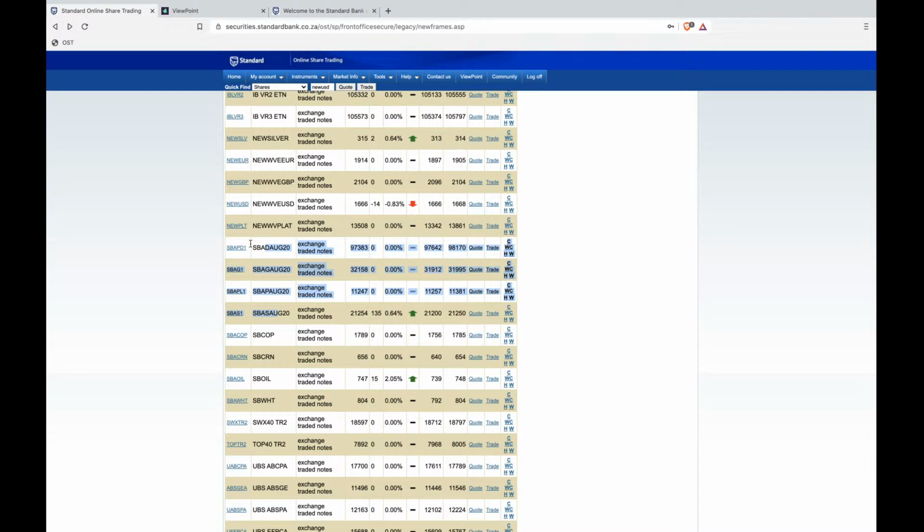And then the copper, corn, oil, and wheat are expiring next year, but Standard Bank will roll those. The gold, platinum, and palladium, Standard Bank's taking the view that you are able to, no problem, there are ETFs available. Copper, corn, oil, wheat, not, so they will roll them.